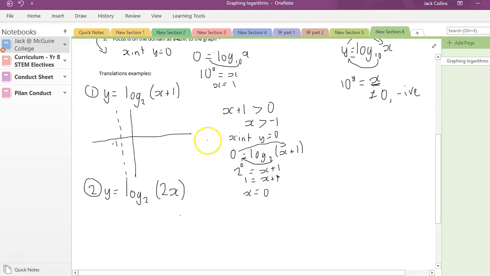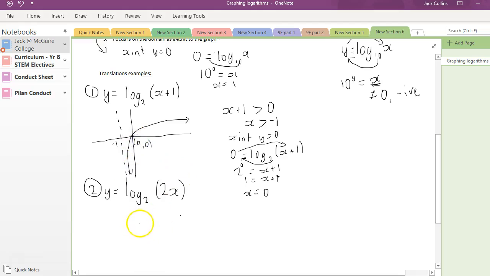So the intercept when y equals 0 is at x equals 0. So we don't need to calculate the y-intercept, because we've already found it, it's at 0, 0. Okay? So that was a bit of a shorter one.